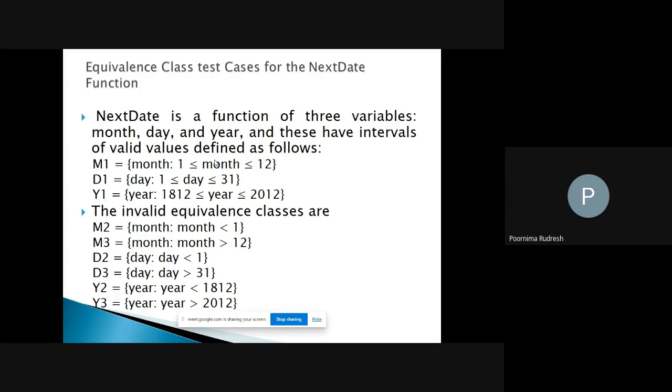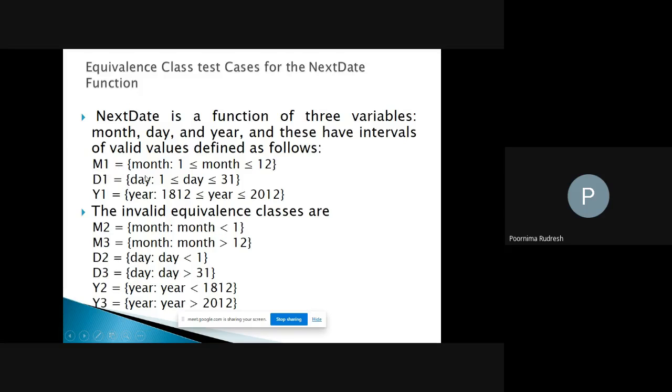So in the next date function, that problem we already defined and explained in the second chapter itself, right? So what this problem says, whenever you give a particular date, then it will display the next date, right? So for that, the valid values are defined like this.